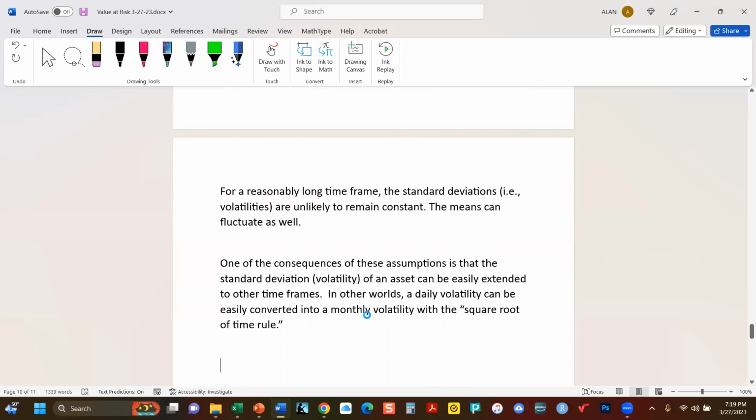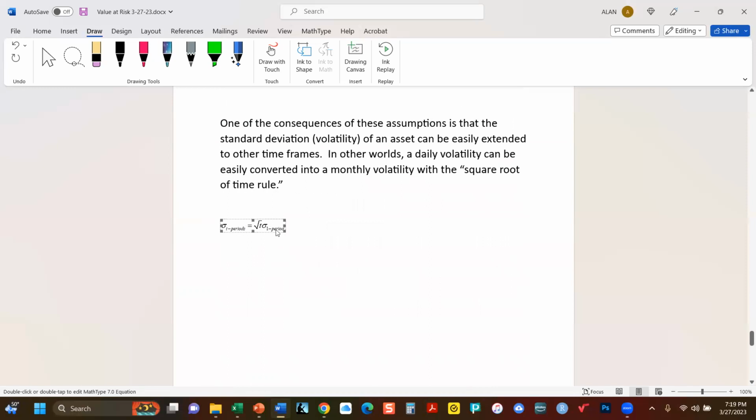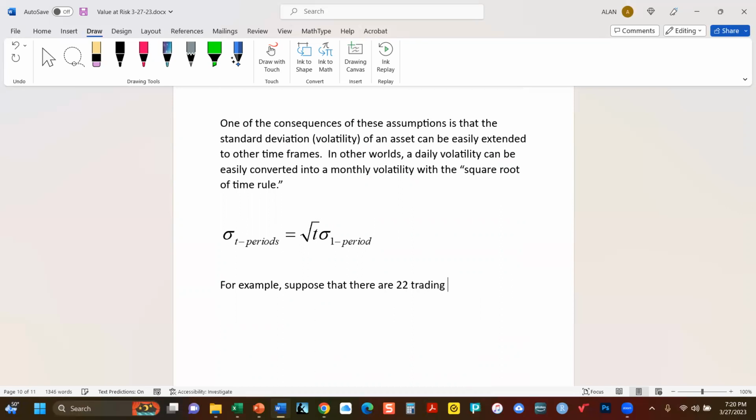So let's look at this formula for a second. So what it's saying is that, for example, suppose that there are 22 trading days in a month.